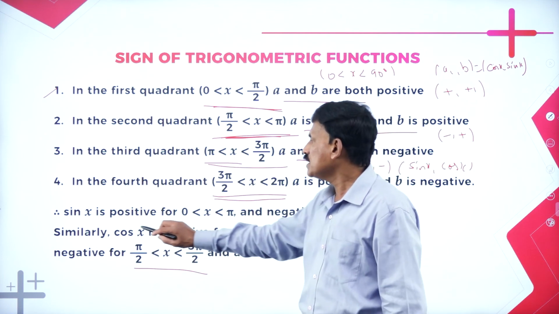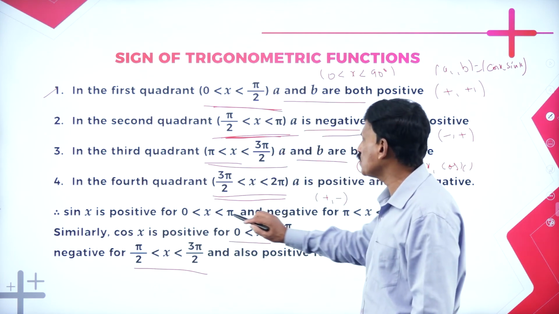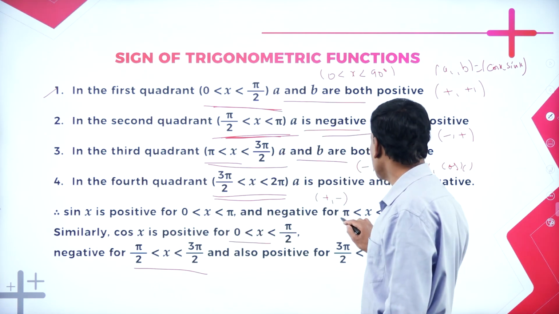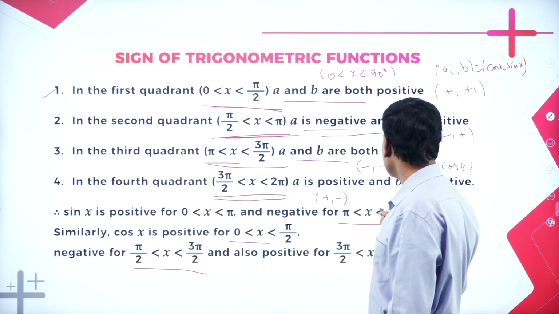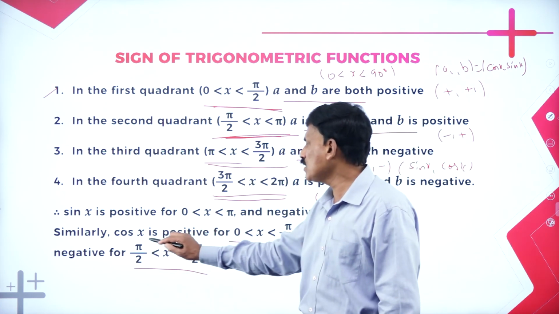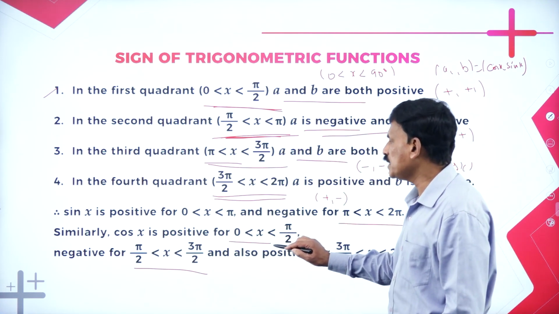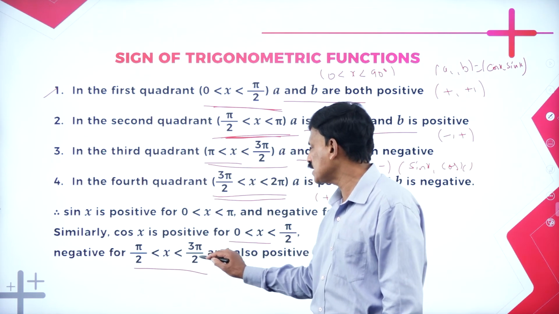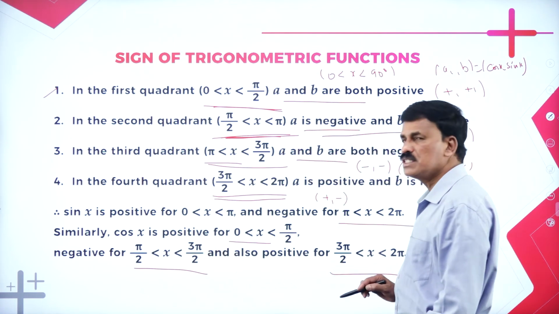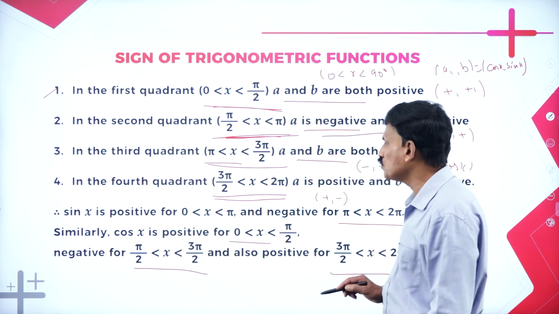Hence sin x is positive for 0 less than x less than pi and negative for pi less than x less than 2 pi. Similarly, cos x is positive for 0 less than x less than pi by 2, negative for pi by 2 less than x less than 3 pi by 2, and also positive for 3 pi by 2 less than x less than 2 pi.